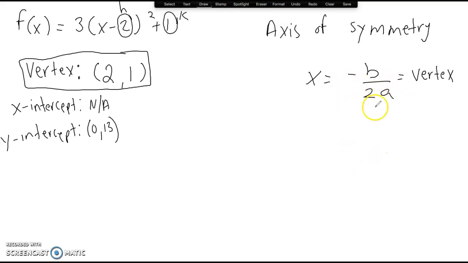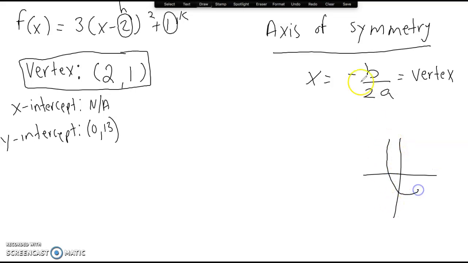But we're also going to use the same formula to find the axis of symmetry, because the axis of symmetry is what splits the graph in half.